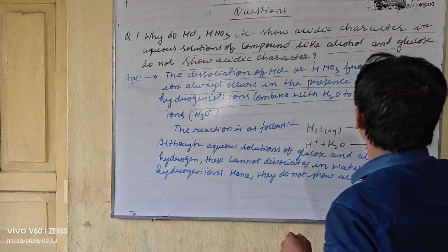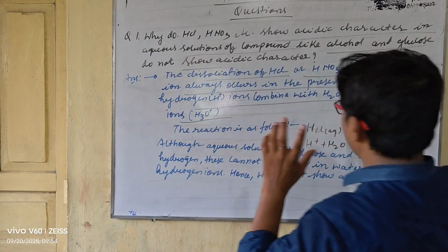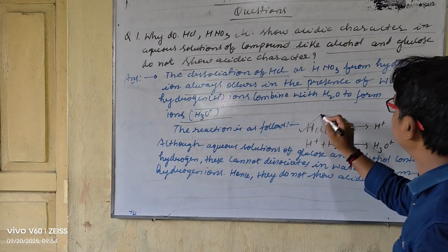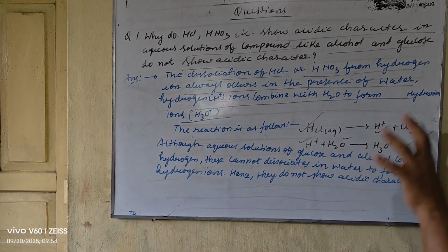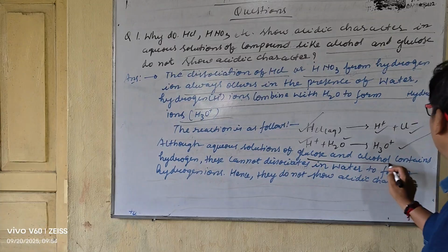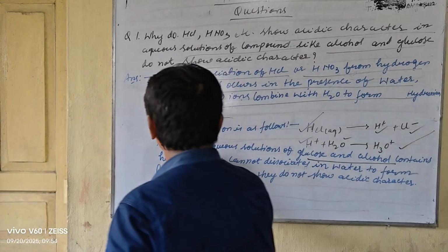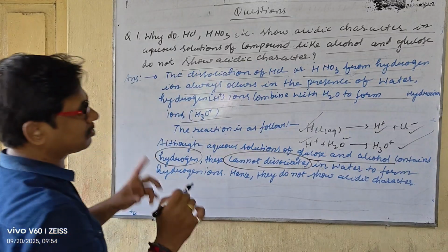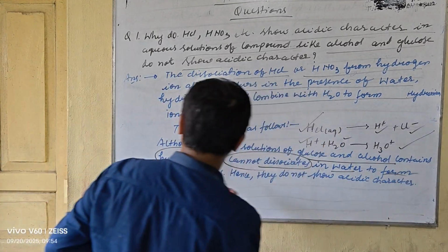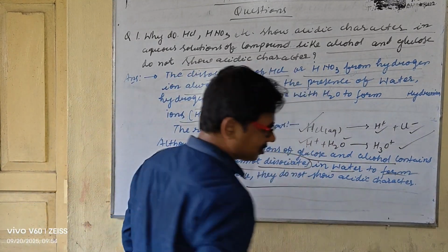Hydrogen ions combine with H2O to form hydronium ion, and that is the reaction: HCl gives H+ and Cl-, H+ plus H2O gives H3O+. Although aqueous solutions of glucose and alcohol contain hydrogen, they do not dissociate in water to form hydrogen ions, hence they do not show acidic character.